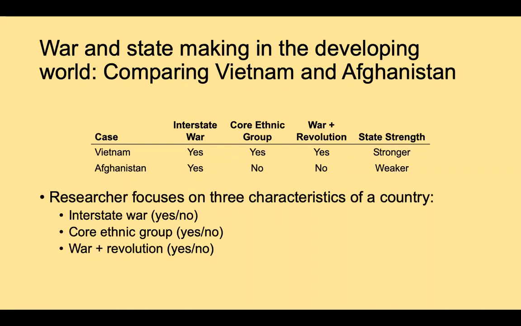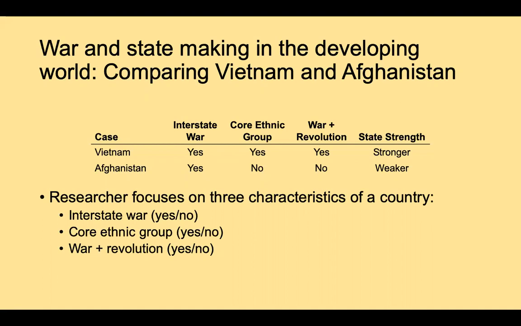So in the absence of a core ethnic group, it was more difficult to take advantage of interstate war as a basis for creating the state. And so, for example, in Afghanistan, there was no core ethnic group. There was quite a bit of diversity ethnically and religiously. And that meant then that there wasn't a pre-existing national foundation upon which the state could be built.